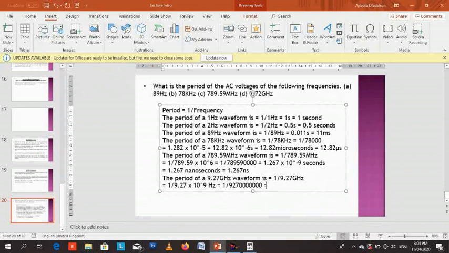It just needs 1.079 times 10 raised to the power minus 10 seconds. That is all it needs to have a complete cycle. And that is the period.